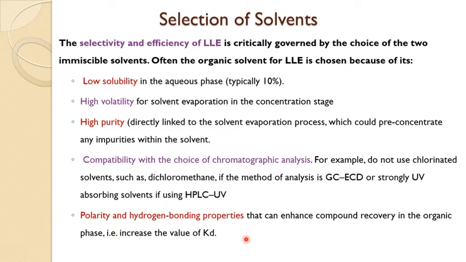So whenever you go for analysis or an extraction technique, you have to select the solvent such that it has low solubility, high volatility, high purity, compatibility with the chromatographic methods, and suitable polarity and hydrogen bonding properties. Considering these 5 points, you have to select the solvent for liquid-liquid extraction.